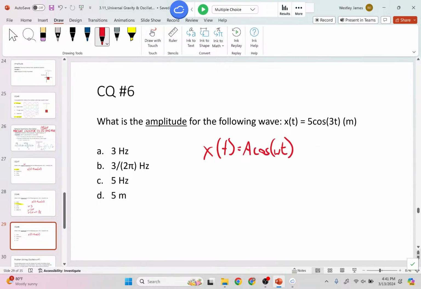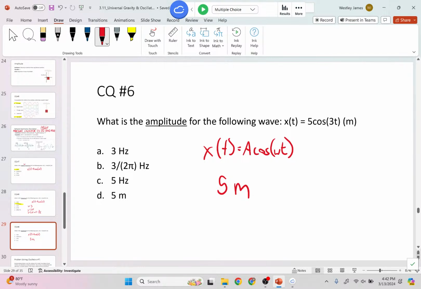The amplitude is 5. It's x of t, the units are meters, according to this function. So just reading the function. Amplitude will never... if the amplitude was also in hertz, it's technically possible if you had a function of frequency with respect to time, and that frequency oscillated, and then that gets kind of funky because you have a frequency of a frequency, which is possible.